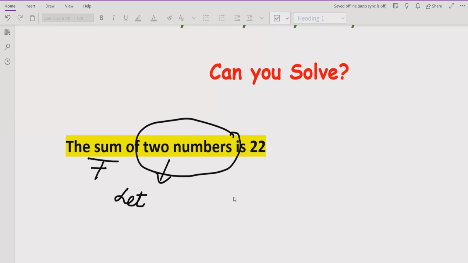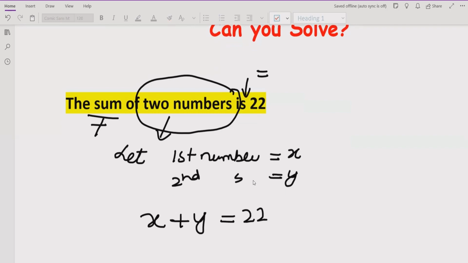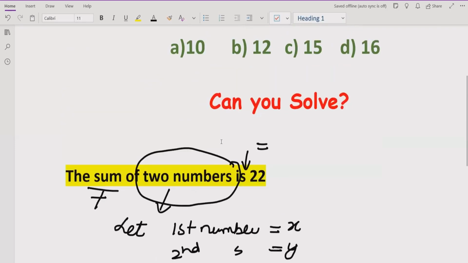Let's suppose the first number is x and the second number is y. So in the expression it says x plus y equals 22. The sum of two numbers, "is" means equals to 22. So this is expression one for this question.